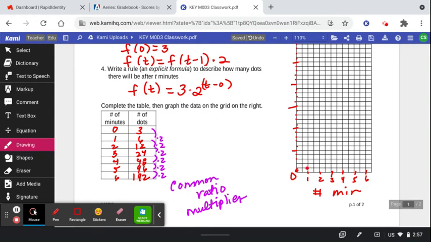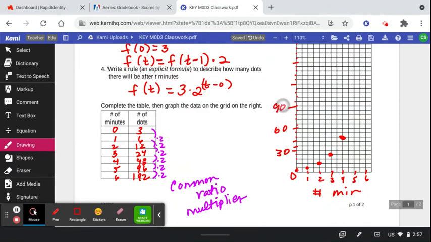And then 2, 12. And then 3, 24. So this one right here is 30. And then 4, 48. So this one's 60. So 36, 42, 48. And then 5, 96.